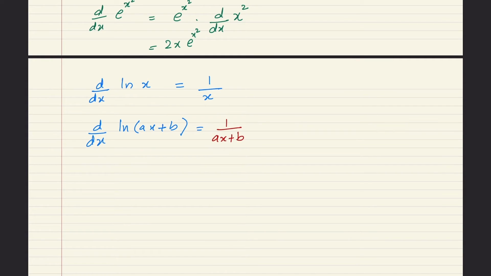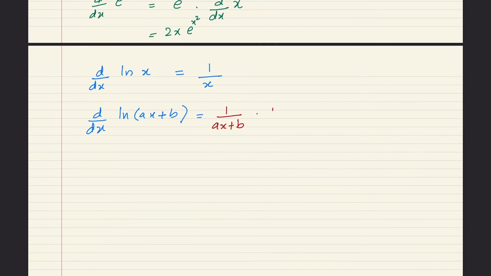But since this is the extension of the formula, we have to take the derivative without function, which is ax plus b. The derivative of log of x is 1 over this, and then the derivative of ax plus b is just a, because the derivative of ax is a and the derivative of b is 0. So we have a over ax plus b.